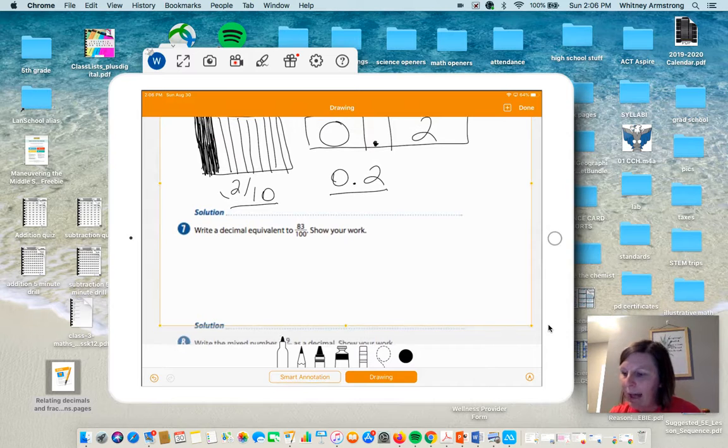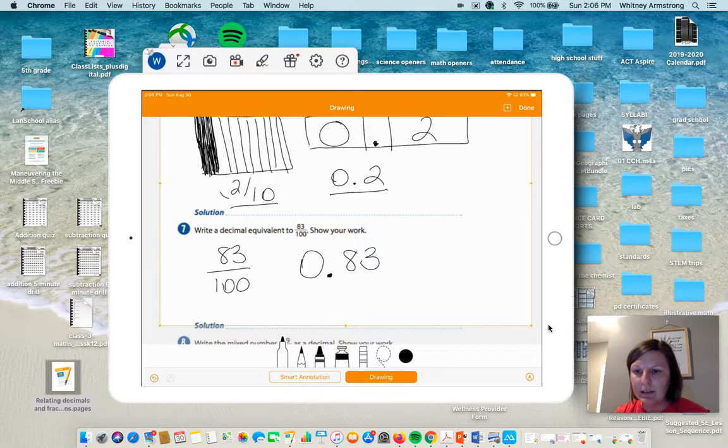So now write a decimal equivalent to 83/100. Show your work. So it doesn't say we have to draw a model, so I'm not going to draw a model. So if I have 83/100, okay, so I know I do not have a whole number, and there's my decimal. So I have 0.83.